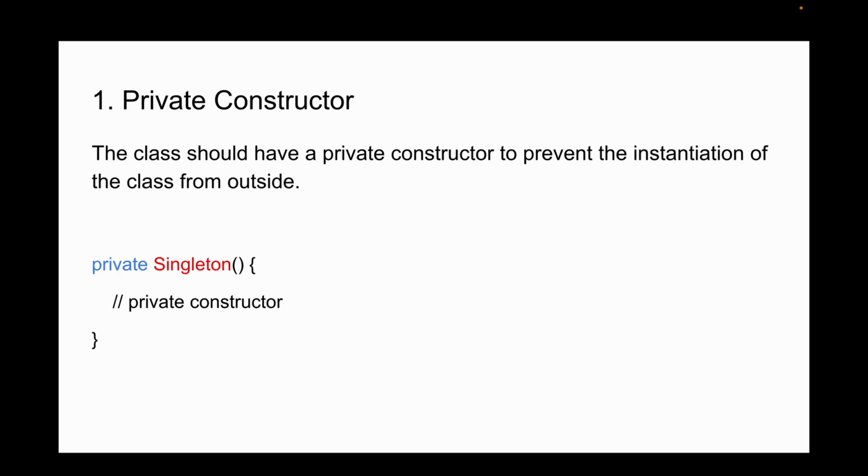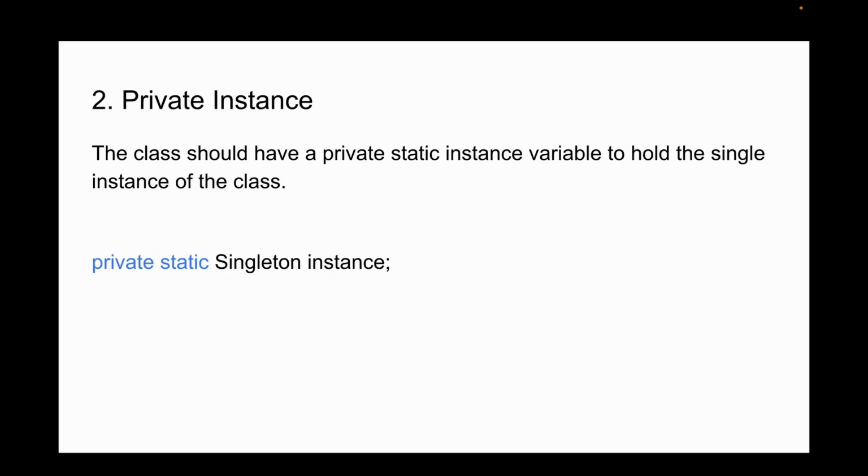We should not create an object of a singleton class from outside. Then there should be a private instance. The class should have a private static instance variable to hold the single instance of the class. So we can define our instance like private static singleton instance to hold the single object of that class.